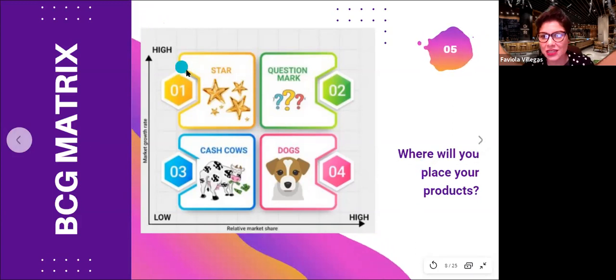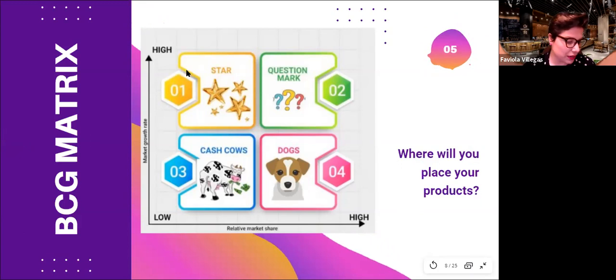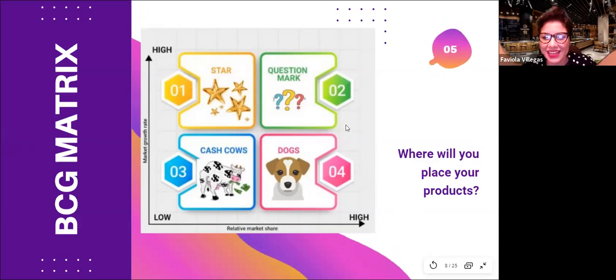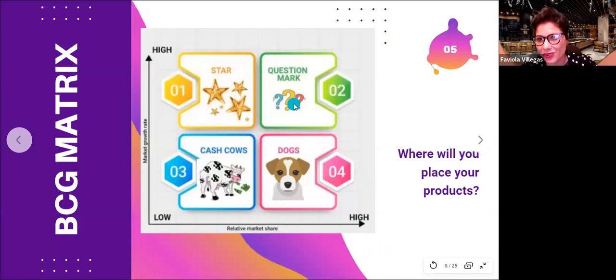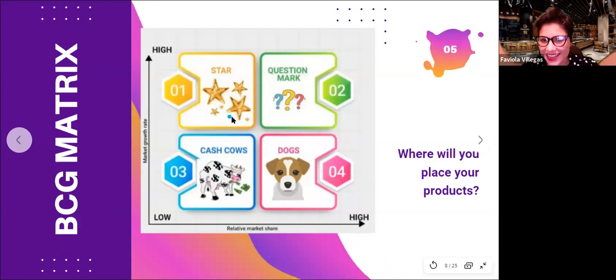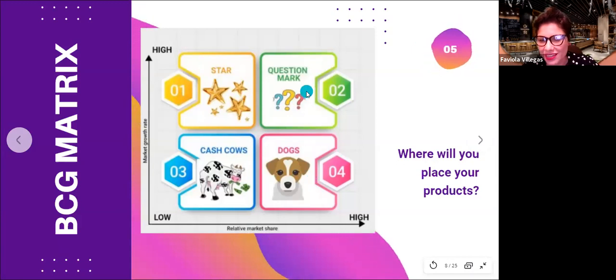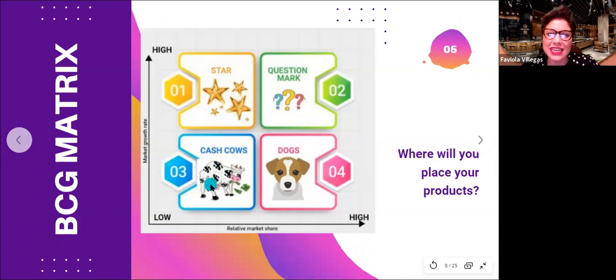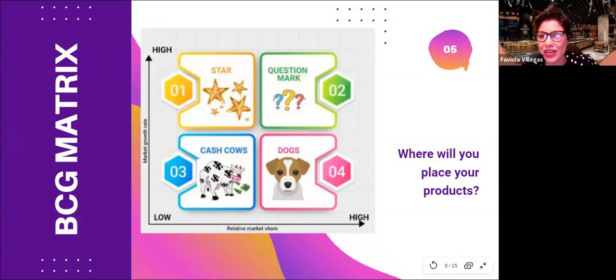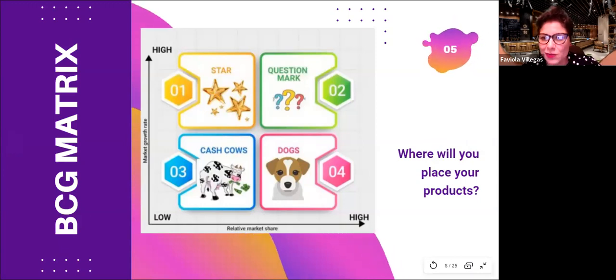When I'm teaching this to my students or to some fellow businessmen, I tell them every time that the dogs are confused and the cows are watching the stars. That's the way you can remember this BCG matrix.